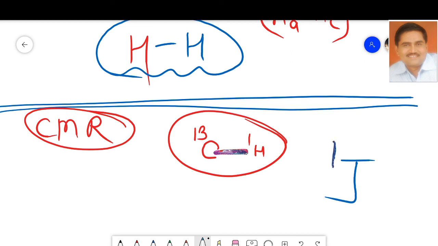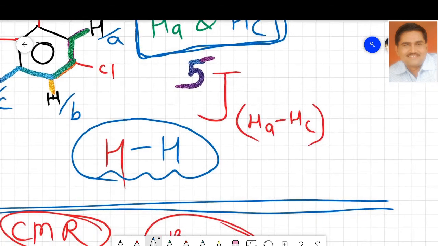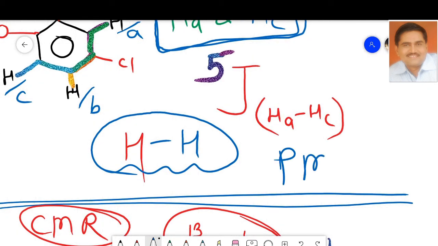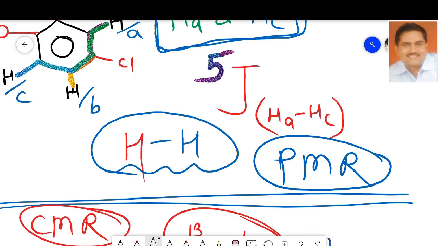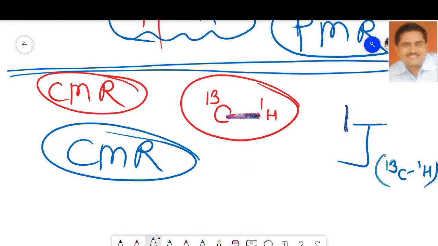It is noted by 1J, and here we write 13C and H1. So 1J is observed only in CMR, not in PMR. All the above examples are from PMR. This is the basic difference between PMR and CMR.